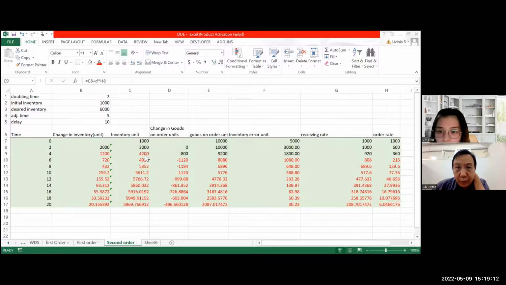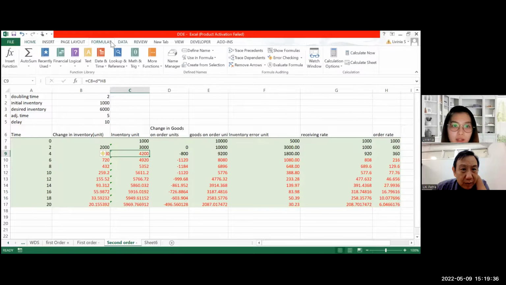You can use... what do you call this? Formula trace precedent, trace dependent. In the menu, formulas. Yes, there, trace precedent.